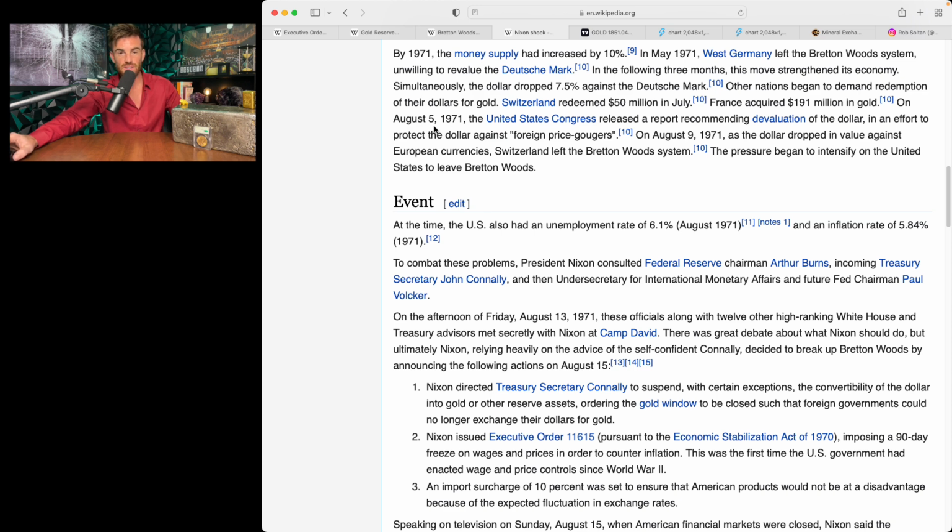Keep in mind, just 10 days later, this is August 5th, 1971, they brought a warship to New York to get that much gold, an astounding $191 million in gold, which is a lot more today than it was back then. Keep in mind, they even paid a premium to get that gold. The price fix was at $35 an ounce, so they had to pay $35 an ounce in dollars to get that gold back. So they brought a bunch of dollars via warship and then had them load up the gold on their French warship and brought it back to France.